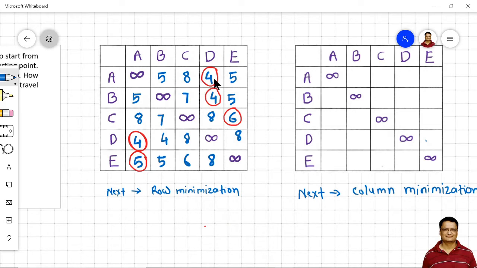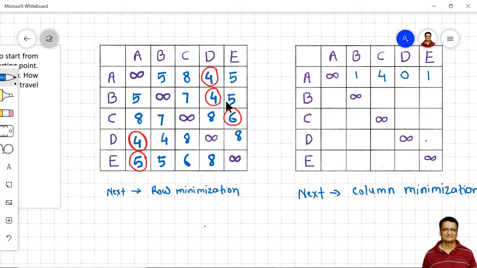Now we will subtract this smallest element from all the elements in the same row and we will write the answers in a revised matrix. So the infinity will not make any difference. So 5 minus 4 will give me the value of 1. 8 minus 4 will give me the value of 4. 4 minus 4 will be 0 and 5 minus 4 will give me the value of 1.